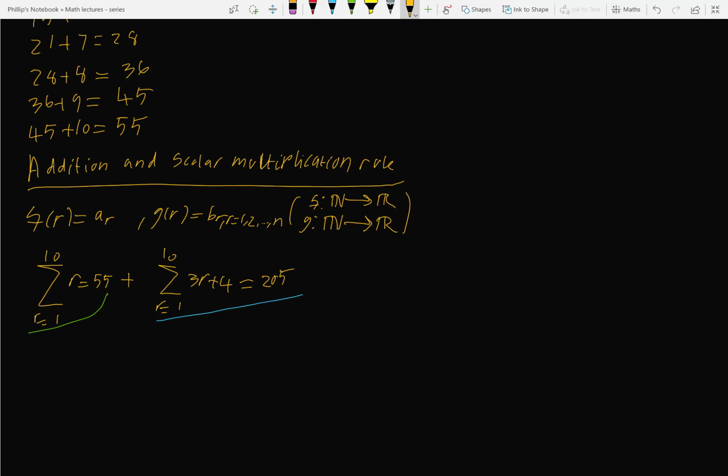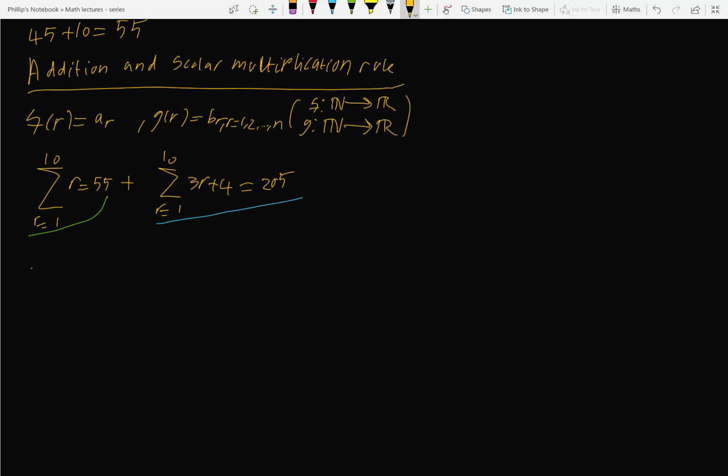So what I'm saying is, if I do the sum from r equals 1 to 10 of r plus 3r plus 4. Now remember, that's also just going to be equal to the sum from r equals 1 to 10 of a_r plus b_r, where a_r is equal to r and b_r is equal to 3r plus 4.